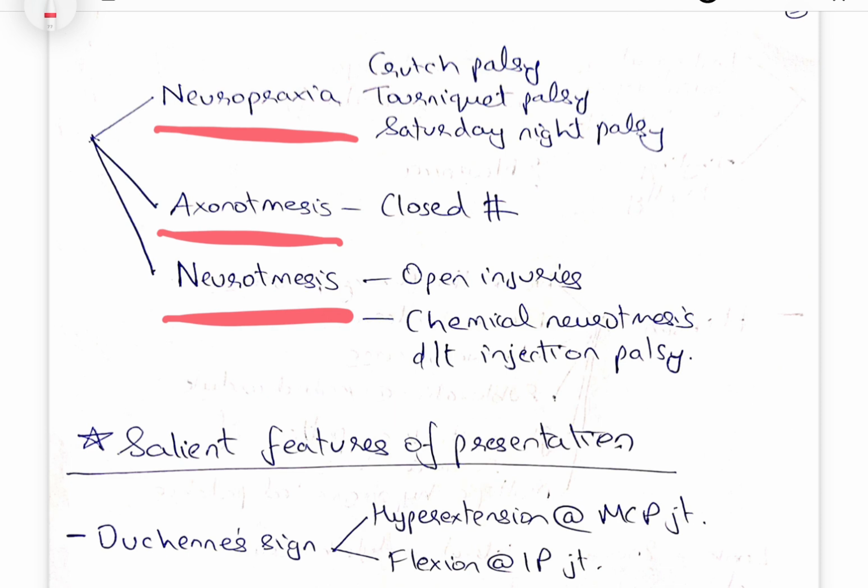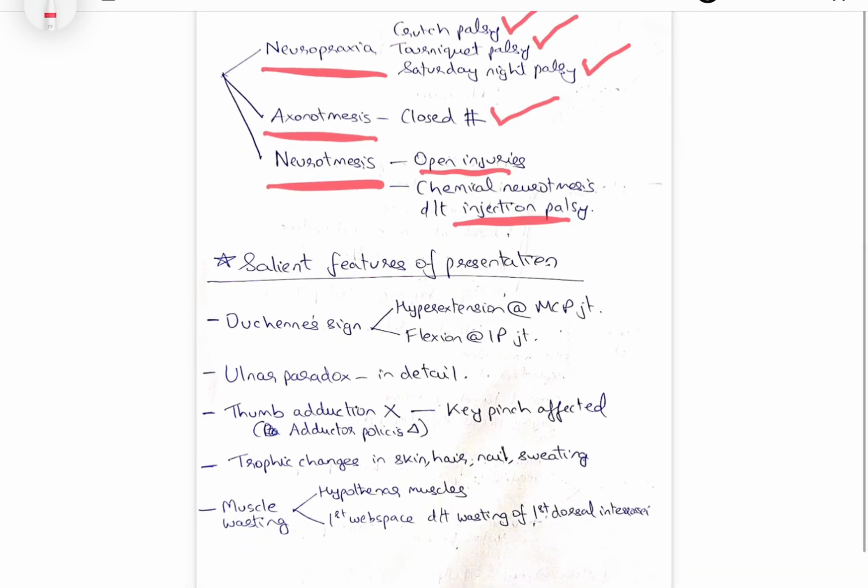What are the common conditions of neuropraxia? Like crutch palsy, tourniquet palsy, Saturday night palsy. Common condition causing axonotmesis is closed fracture. Neurotmesis could be some open injuries, or it could be chemical neurotmesis due to injection palsy. So this was the basic etiology of ulnar clawing or of ulnar nerve palsy.